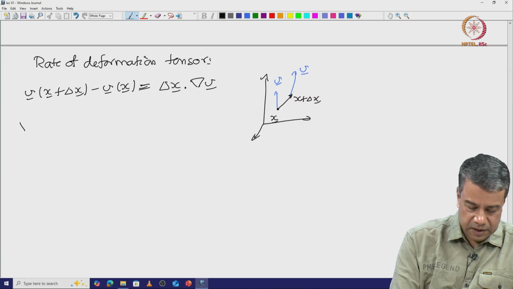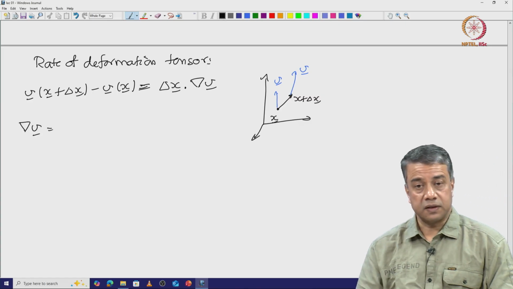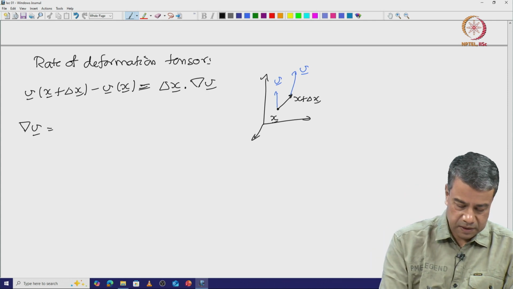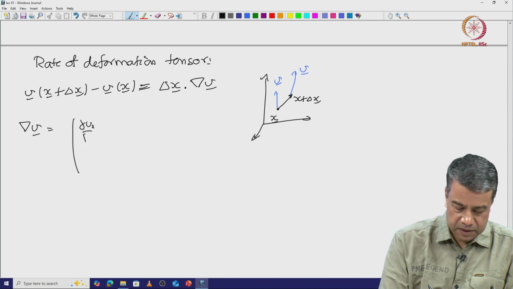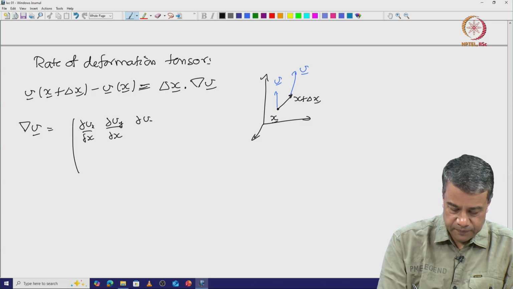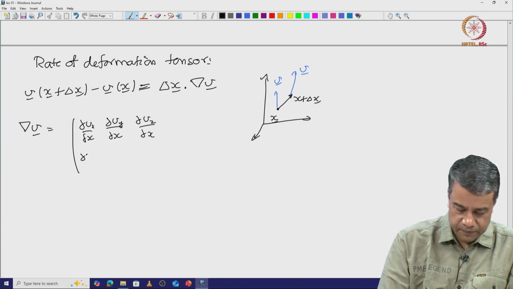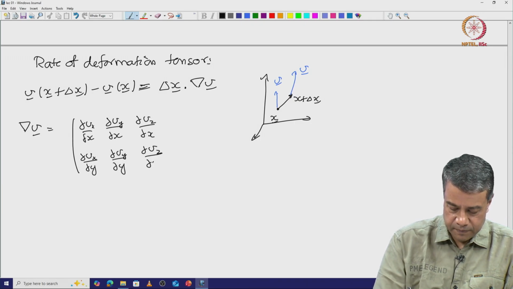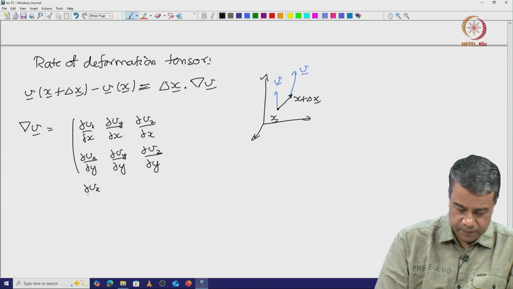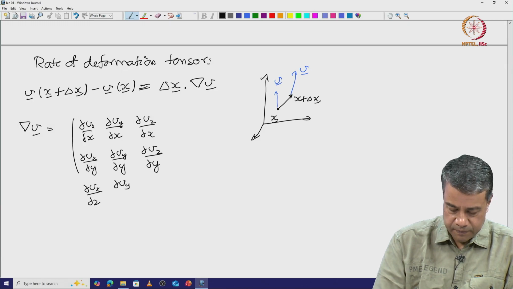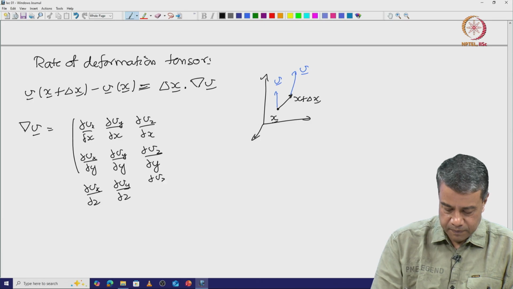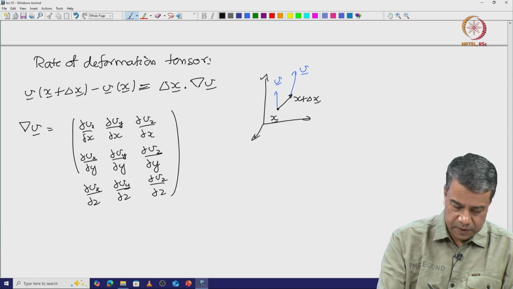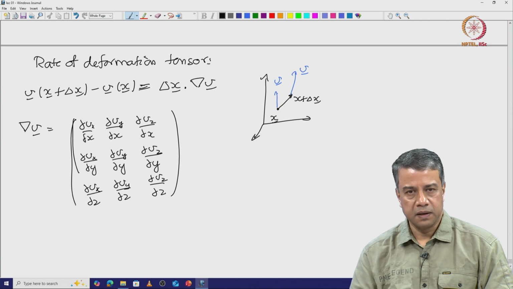This velocity gradient, the velocity gradient second order tensor, partial Vx by partial x and so on, 3 by 3.